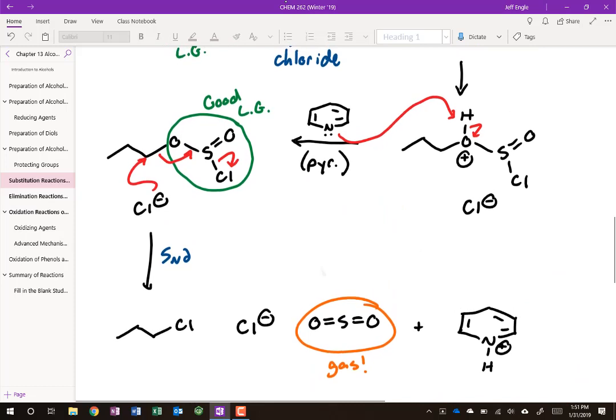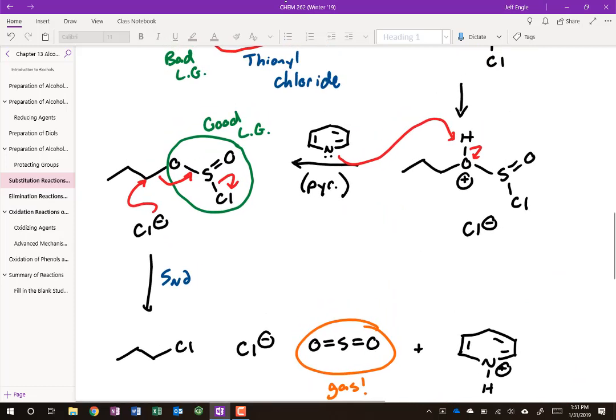I have had students ask, well, why in this one doesn't the chlorine attack this intermediate right here and do a similar mechanism? If it does that, you're not going to form sulfur dioxide gas, so it's not as favorable. So we need to deprotonate that oxygen first. That way, in the subsequent step, you form sulfur dioxide.